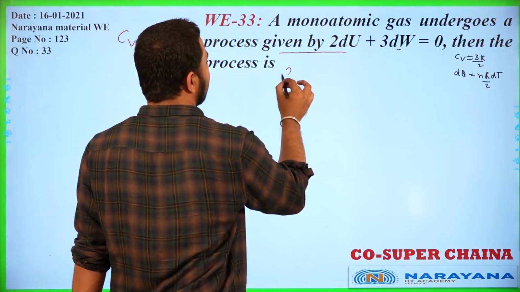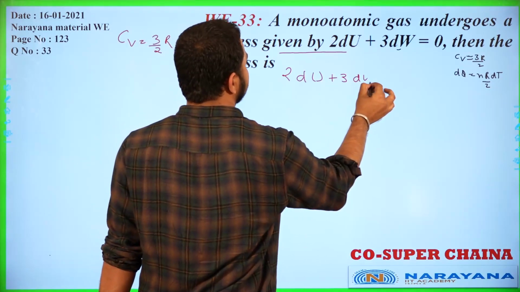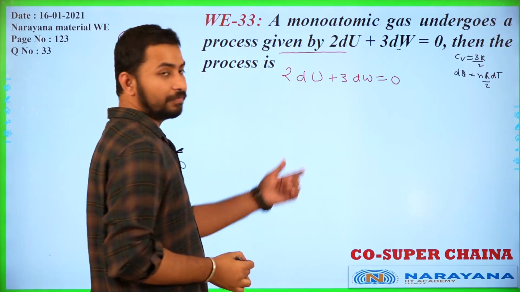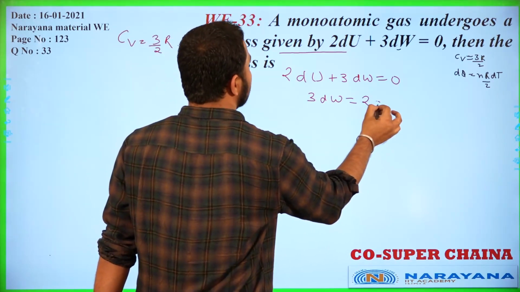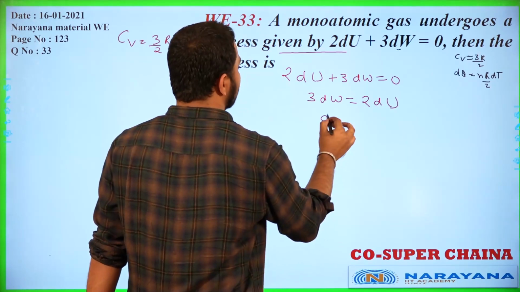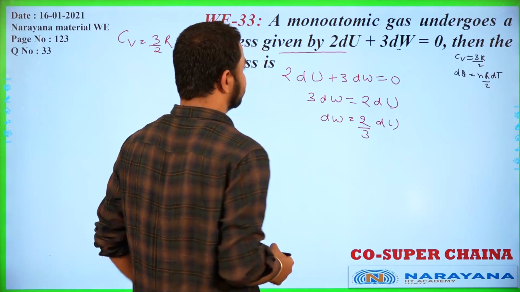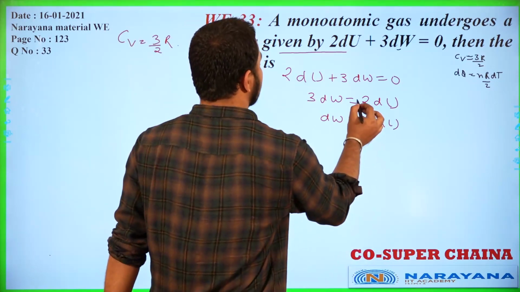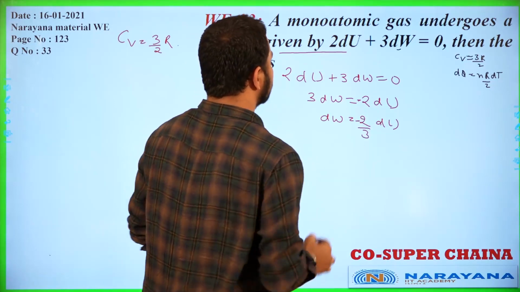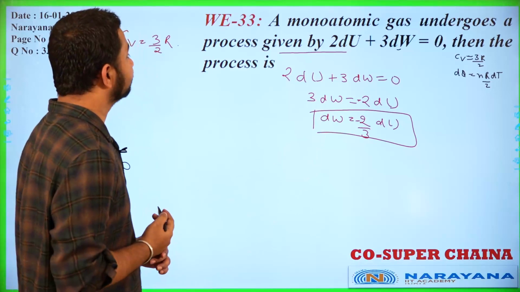From here, if we want to find dw, 3 dw will be equal to minus 2 du. So dw will be equal to minus 2 by 3 du.